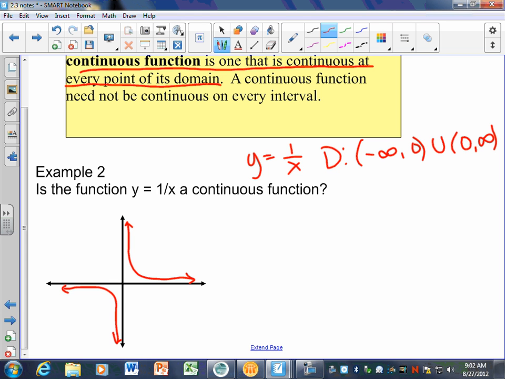So the question is, is this a continuous function? And the definition of a continuous function is one that's continuous at every point of its domain. Does this function have a y value? Is it continuous at every point in its domain?